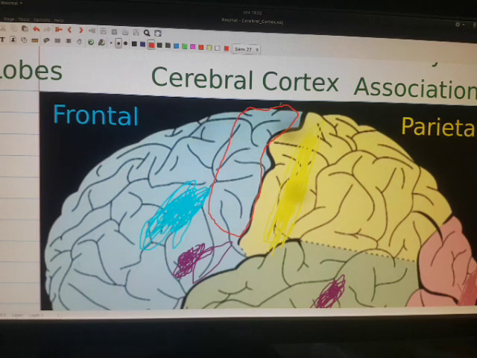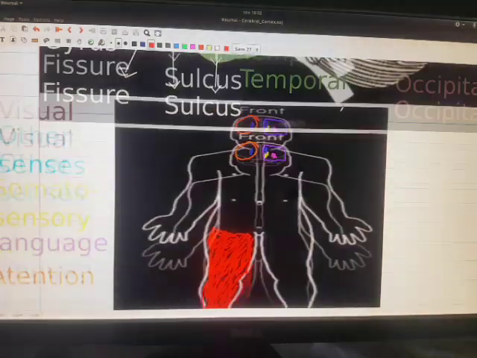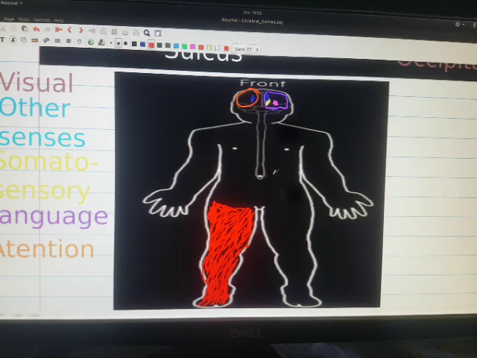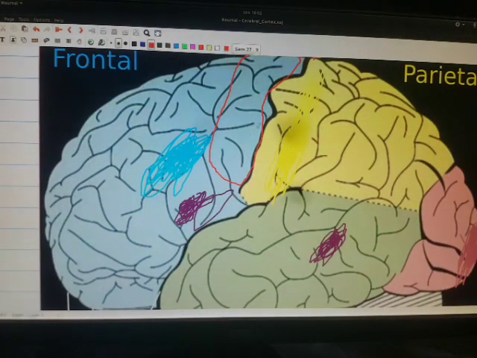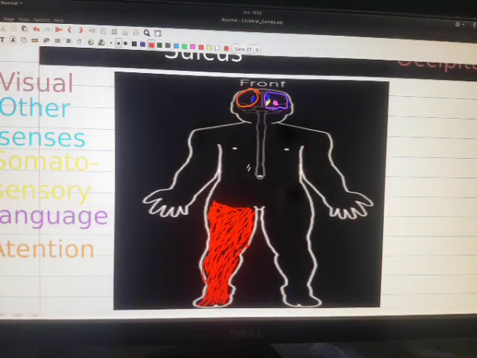It's the motor part. So it will control all the muscles. So for example, this part here will tell these muscles what to do.